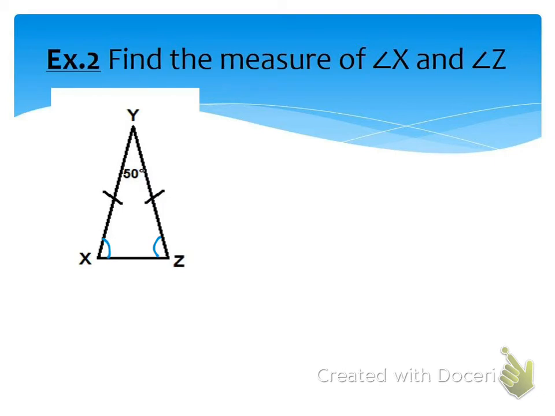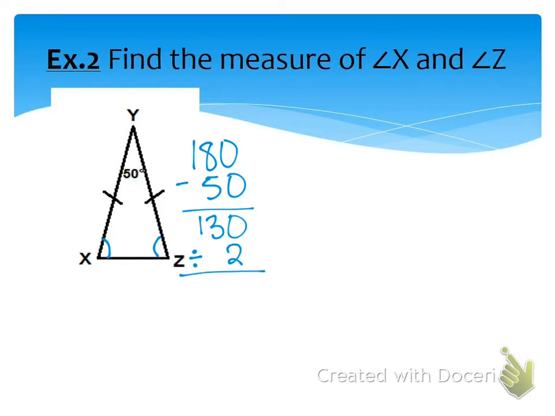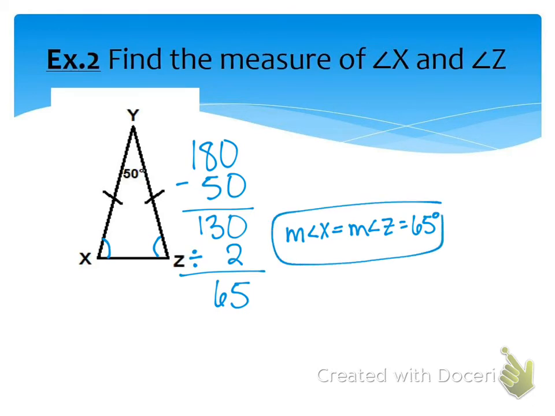Subtract the one angle that you know from 180. What does that give me? And then what do I do with that? Divide it by 2 because we're splitting it between those two angles. And what do we get? 65. So the measure of angle X, which is equal to the measure of angle Z, is 65 degrees. Questions about example 2?